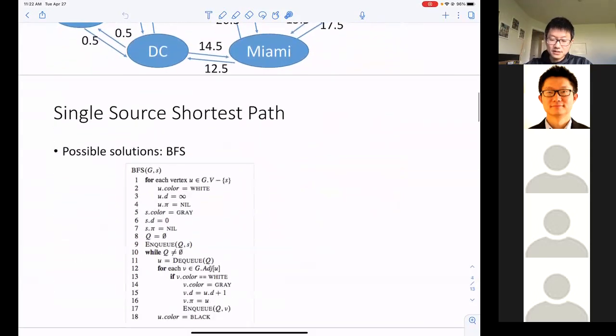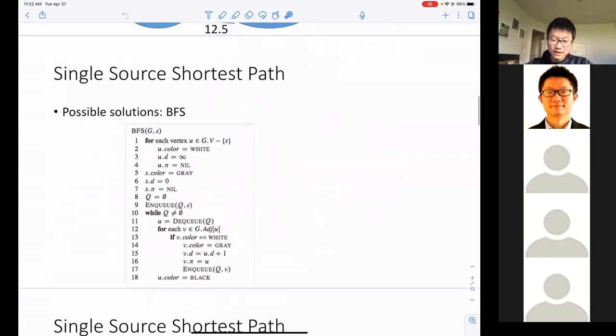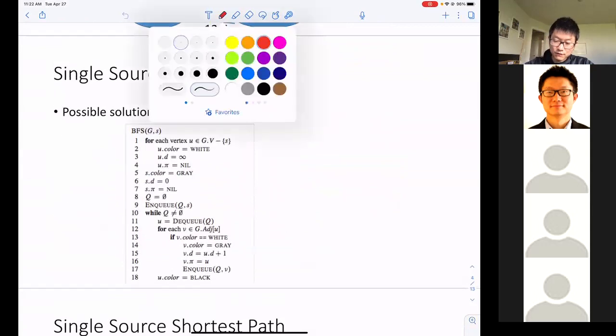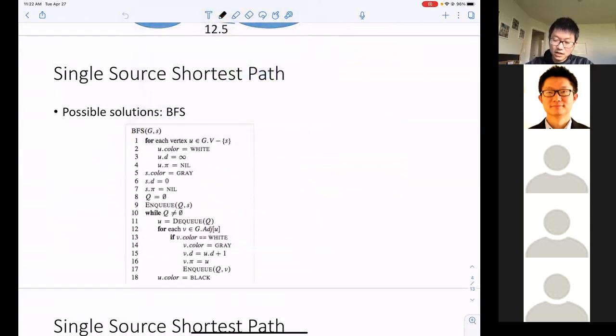So even though BFS seems to be able to help us solve the problem, it does not work. The main reason is this: SSP, meaning single source shortest path. In BFS, the input graph is undirected and unweighted.